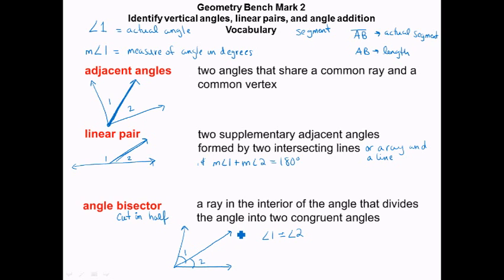That makes this the angle bisector. So sort of like a midpoint cuts a line segment in half, an angle bisector cuts an angle in half. And basically anything that cuts anything in half is a bisector.